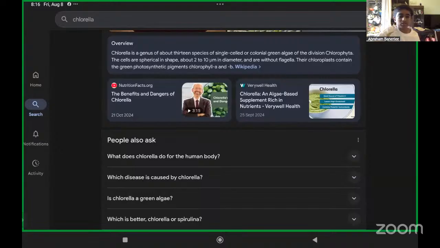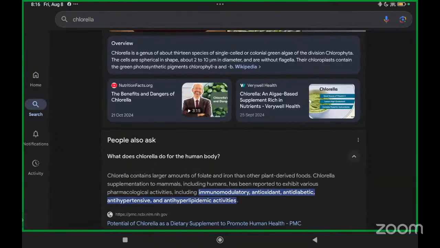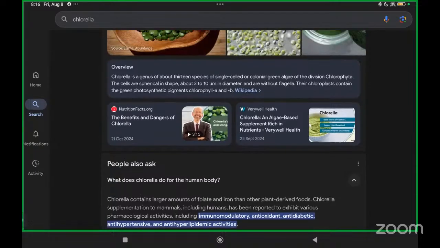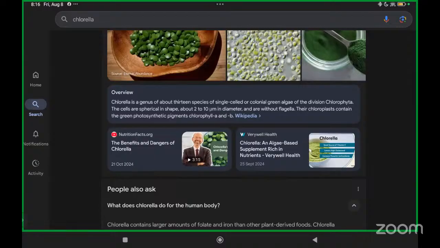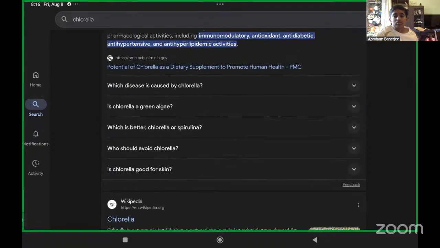No, they are algae. They are a kind of algae, circular in shape, about 2 to 10 mm in diameter. Okay, ma'am.